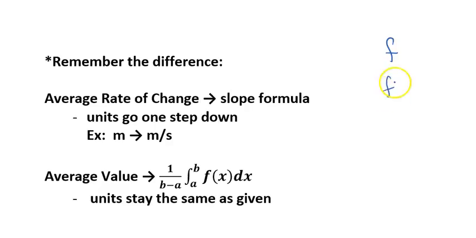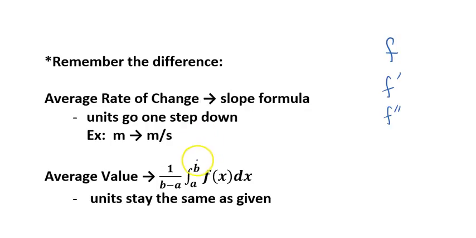So for average rate of change, if they ask us for an average rate of change and we were dealing in units that were meters, the answer units would be in meters per second because your units would go one step down, like in the derivative direction.